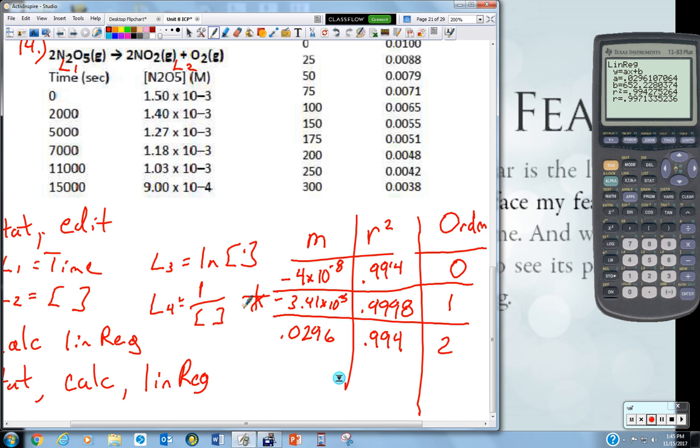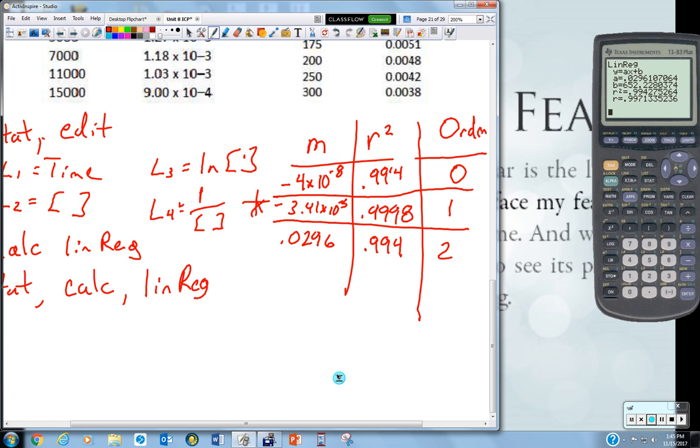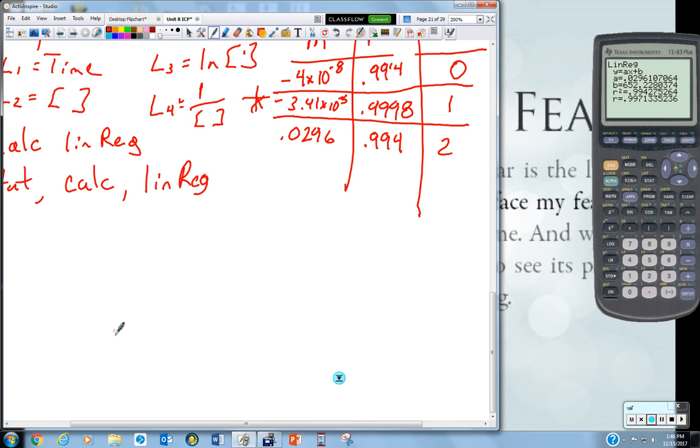Now, when it comes to writing your answer, you would say that k equals negative 3.41 times 10 to the negative 3, and that it is first order.